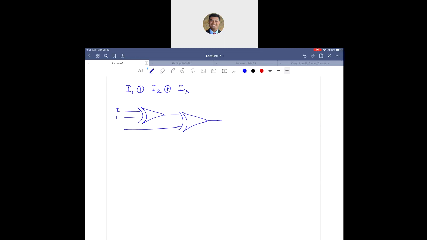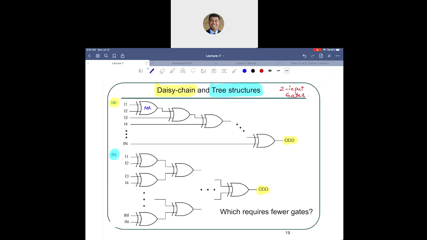I1, I2, I3. But if you have n inputs, then you have these two choices in general: daisy chain or the tree structure. Now, that's the first point. That's why we are talking about this, because the limitation is on the number of inputs to the exclusive OR and the exclusive NOR gate.